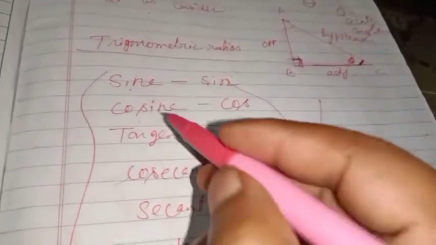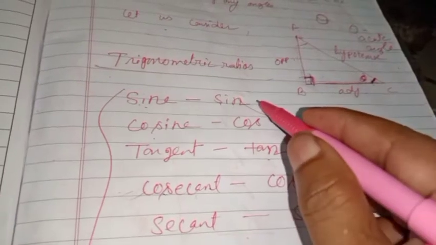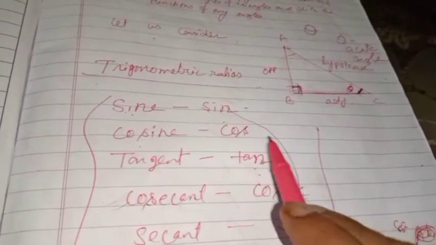The reciprocal of sine is cosecant, the reciprocal of cos is sec, so they are reciprocal to each other. Tan and cot are also reciprocal to each other. In general, we write the shortcut when we solve problems or use trigonometric ratios. No need to write the full name. This is the abbreviation you will write.